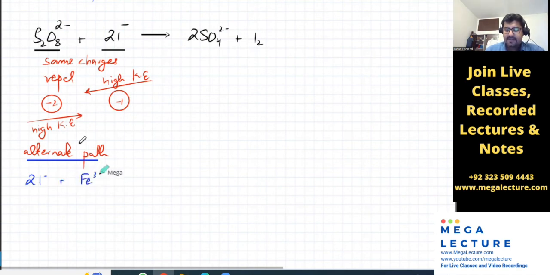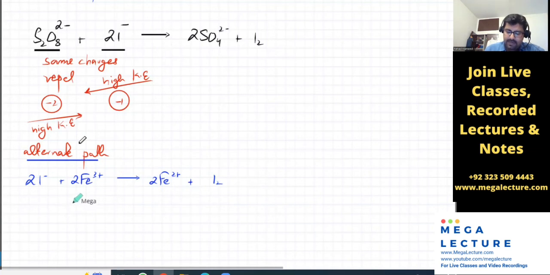Why does it get attracted to Fe3 plus? Because it's obvious that it's got a positive charge, right? So it goes to Fe3 plus, gives electrons to Fe3 plus. Fe3 plus becomes Fe2 plus, and iodine is formed.